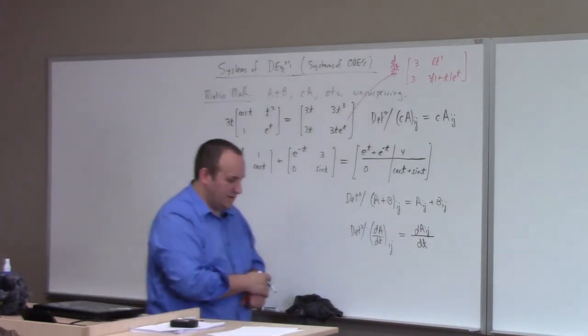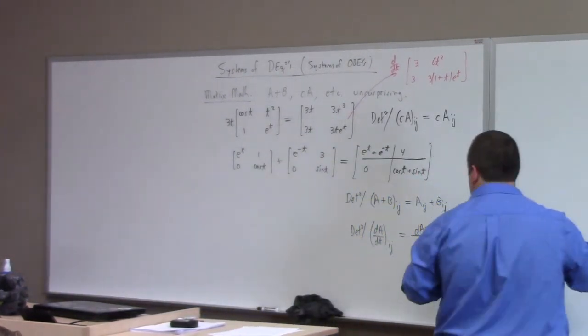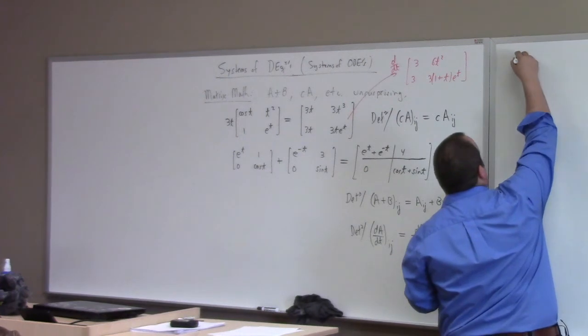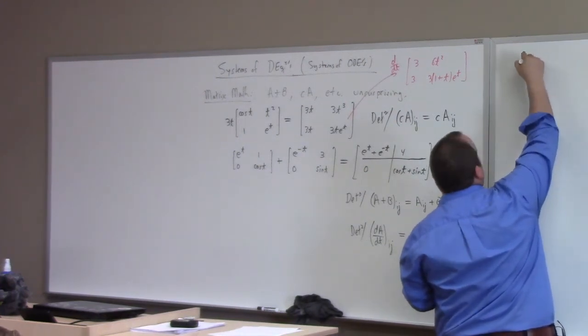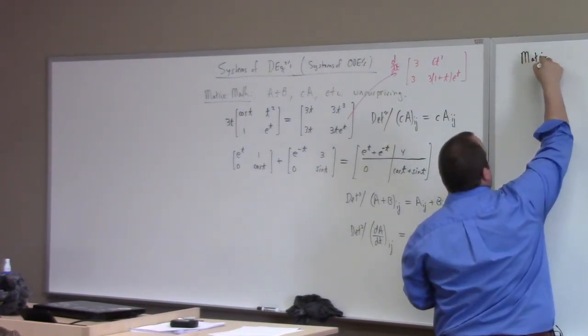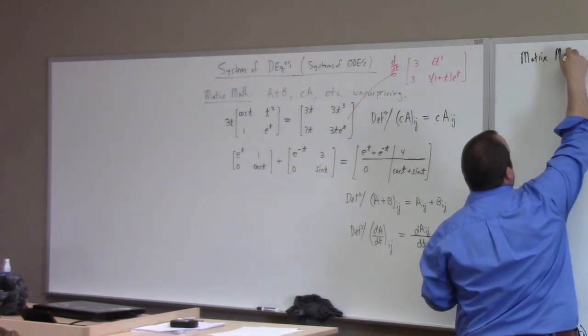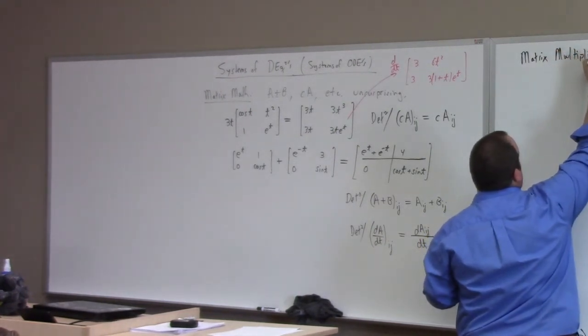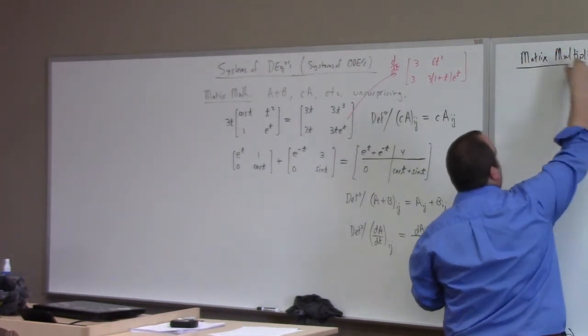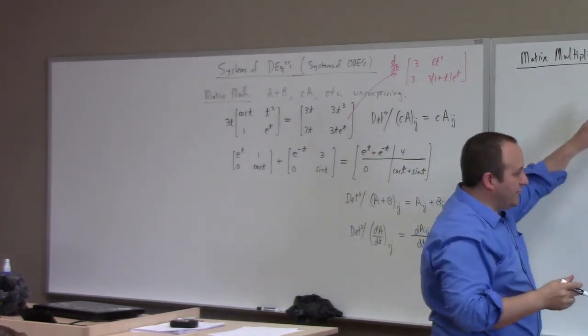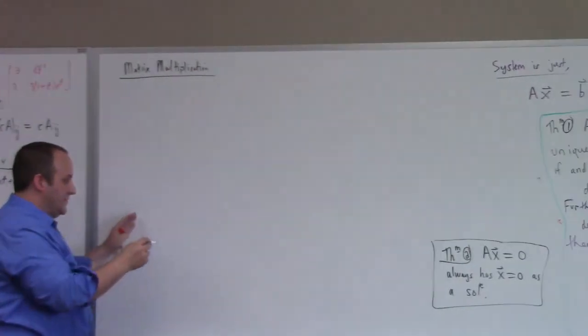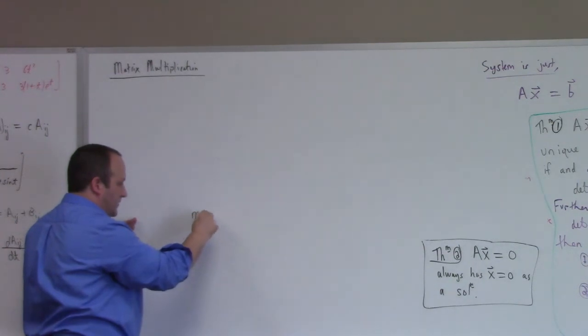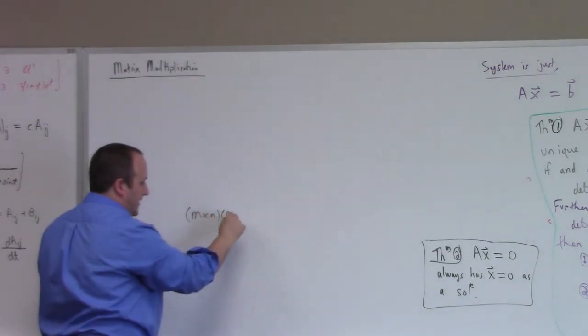Here's some fun. The other thing that I haven't talked to you about yet is matrix multiplication, though we did a little bit of that already. I multiplied an m by n coefficient matrix by an n by 1.